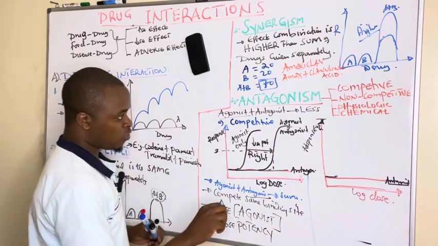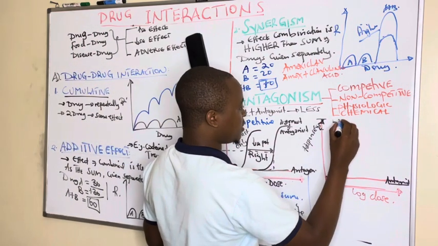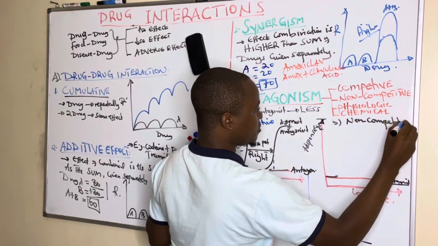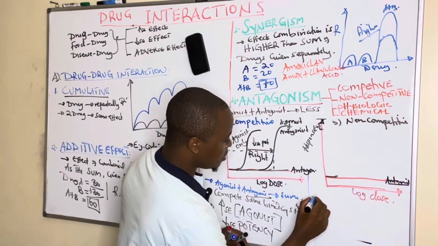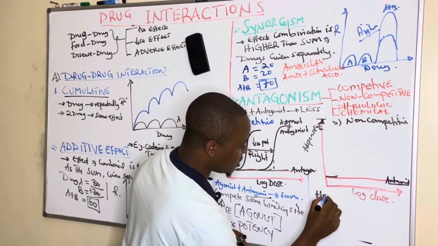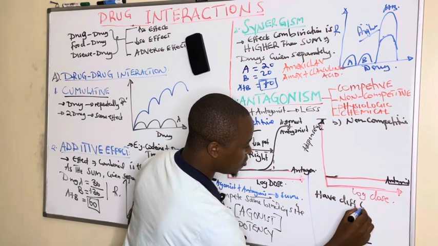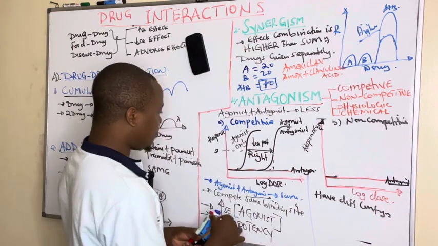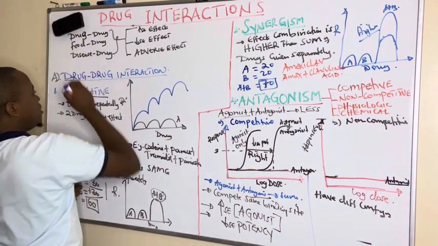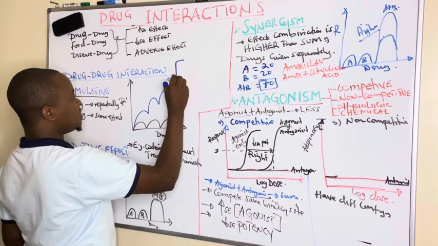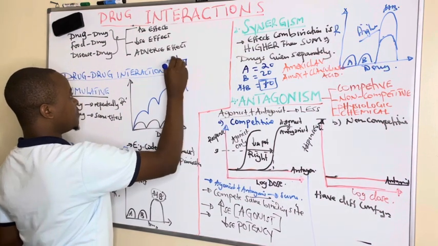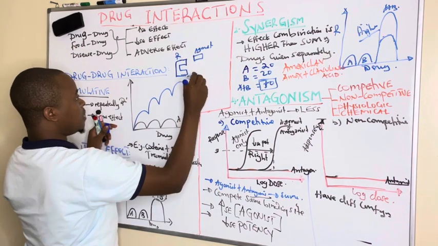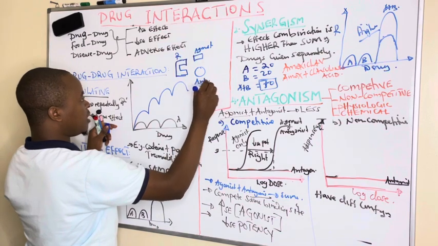Then part B is the non-competitive antagonist. Here the antagonist and the agonist have different configuration, or you can call it shape. For example, think of the lock and key of enzymes, but now this is the receptor. If this is the receptor and this is the agonist, then I have the antagonist with a different configuration.